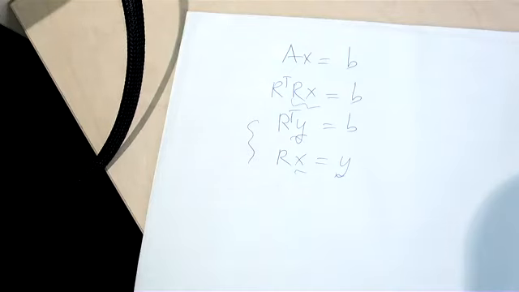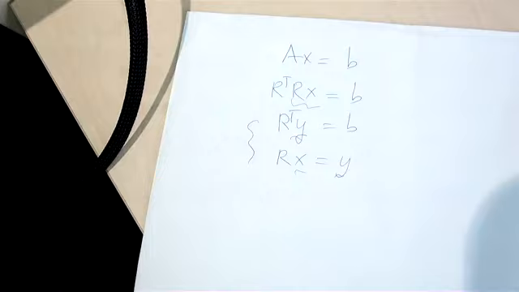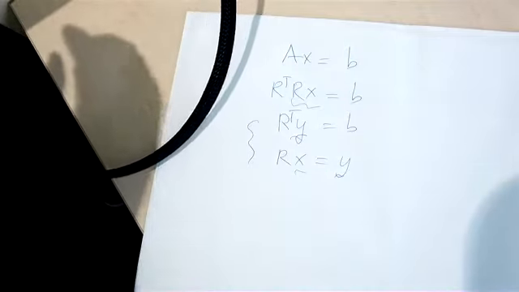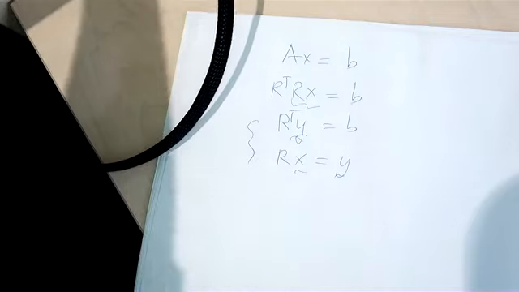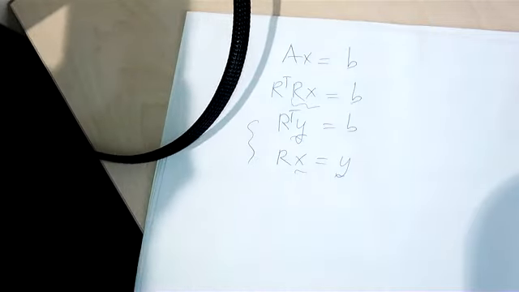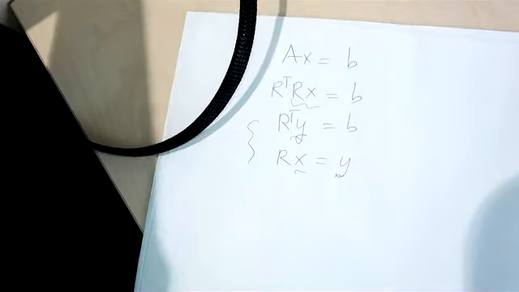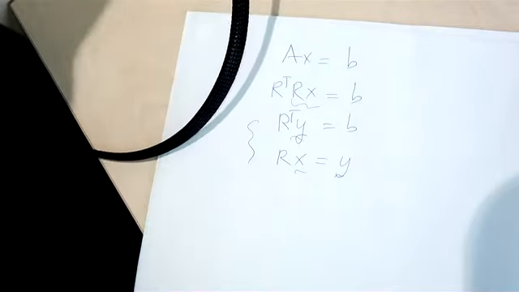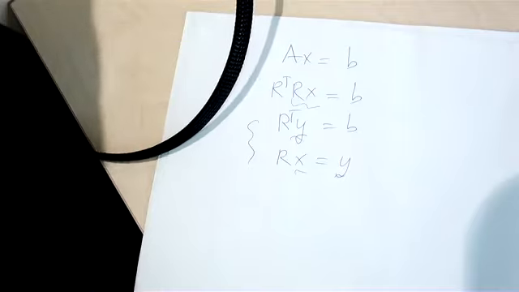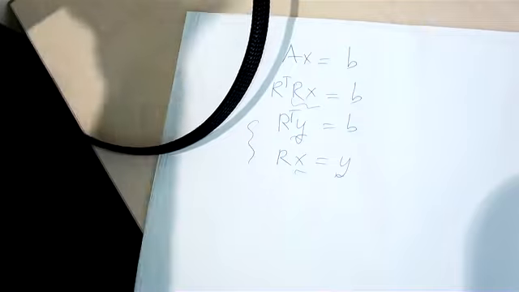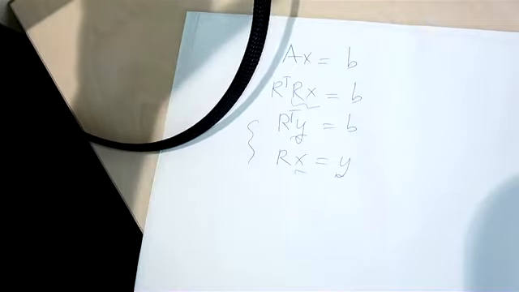to mention one tiny thing here. Remember this theorem is about if and only if. So it's meant two ways. If it's symmetric, positive definite, then it has a Cholesky factorization.